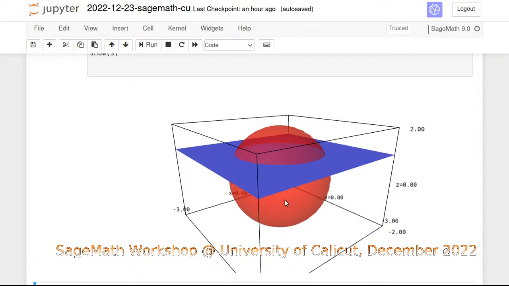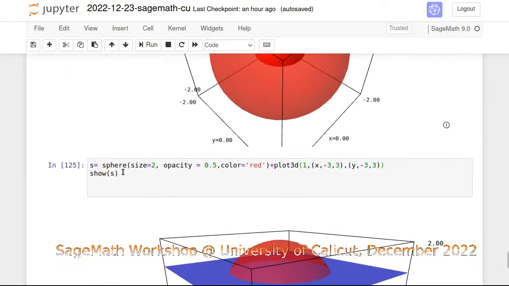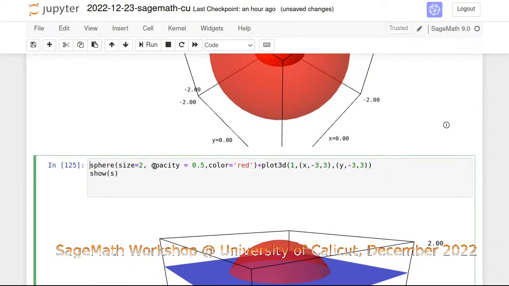So maybe I can try to rotate as well, and so this is the sphere. I don't know, maybe I can try something like this. This is rotated about 0, 0, 0.